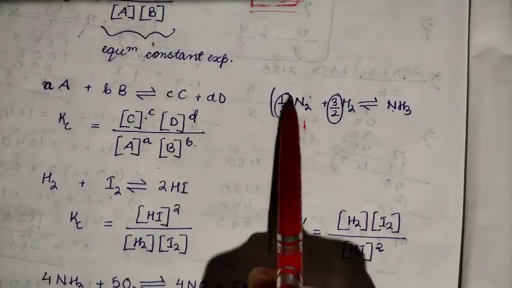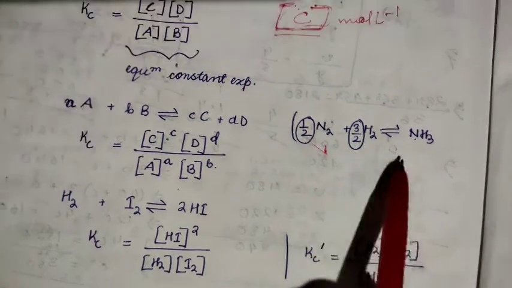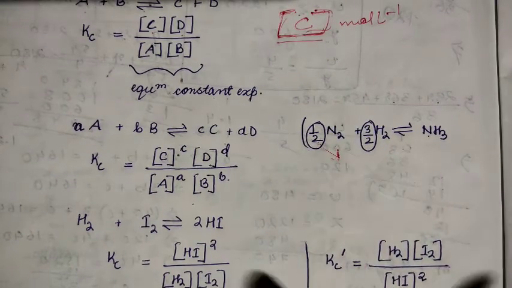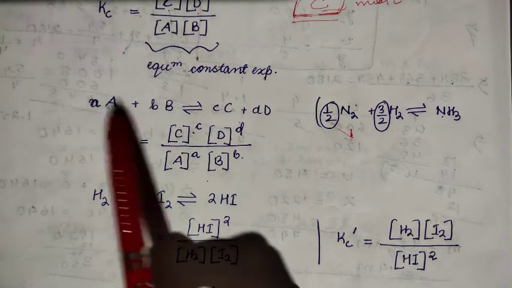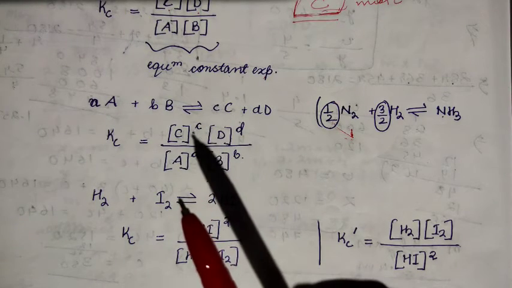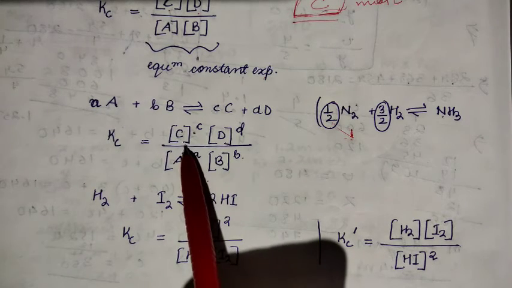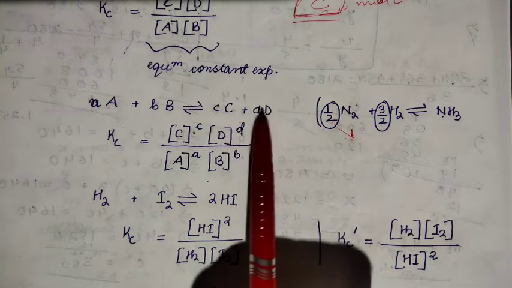So there is an important role that these coefficients play in expressing the equilibrium constant. The coefficient becomes the power of the particular concentration of the reactant. You see, we have written the same thing here. This is the concentration of C, multiplied by the concentration of D, and both these are products.